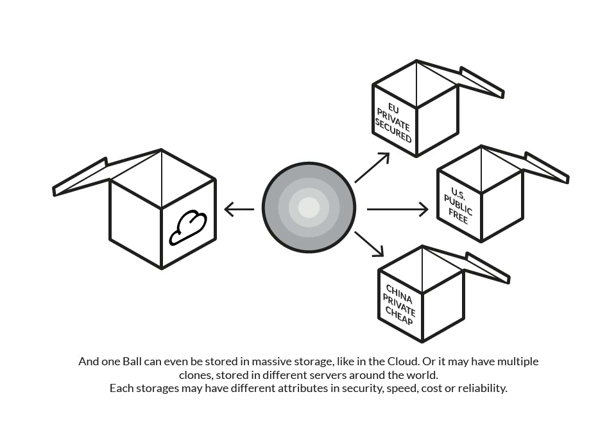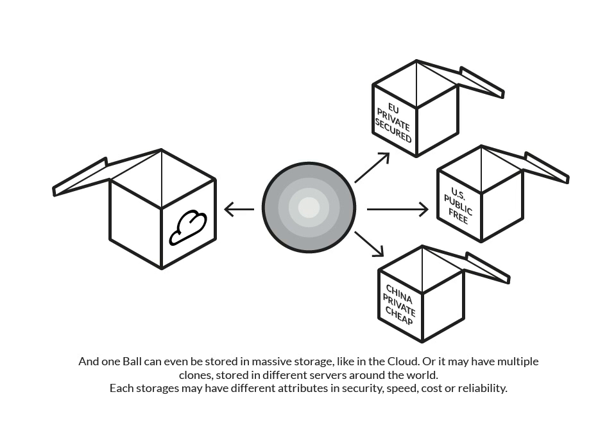So one user running in one ball can have his or her own information stored, for instance, in European located cloud storage, while another user can choose to have something in the United States and a third one something running in China.